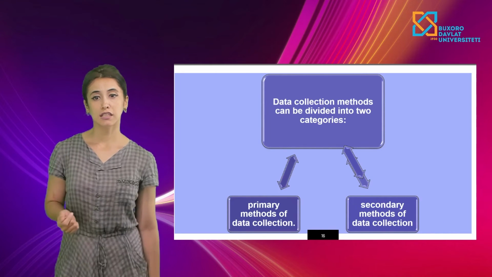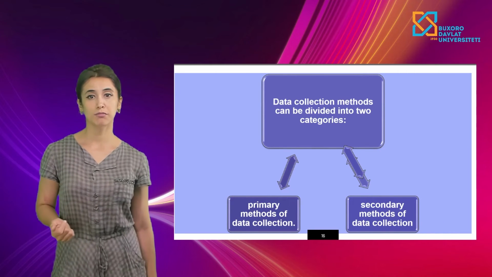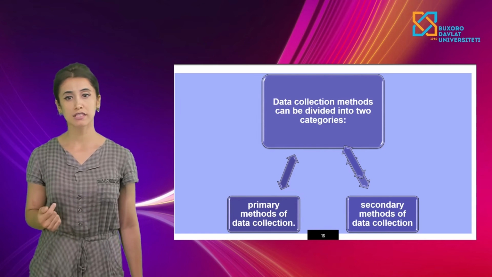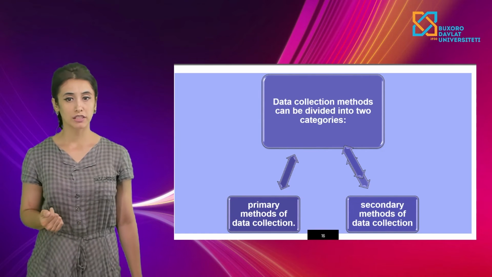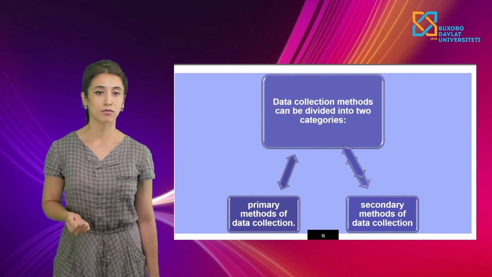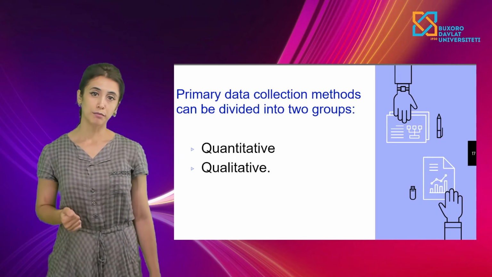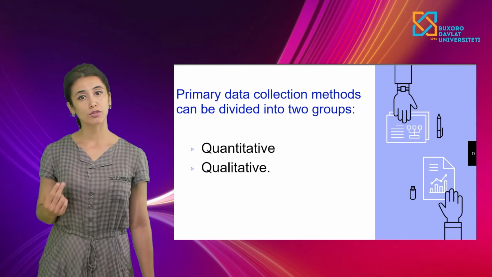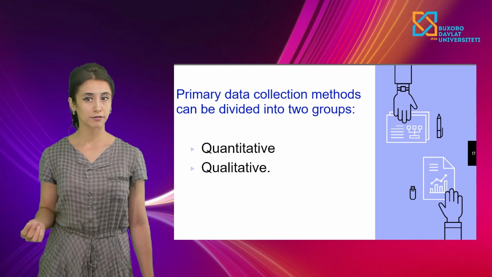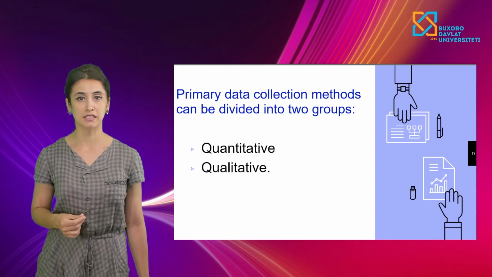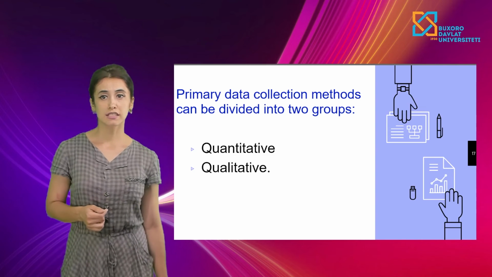So here you can see two categories. Data collection methods can be divided into primary methods of data collection and secondary methods of data collection. Primary data collection methods can be divided into two groups: quantitative and qualitative methods. So let's discuss them.